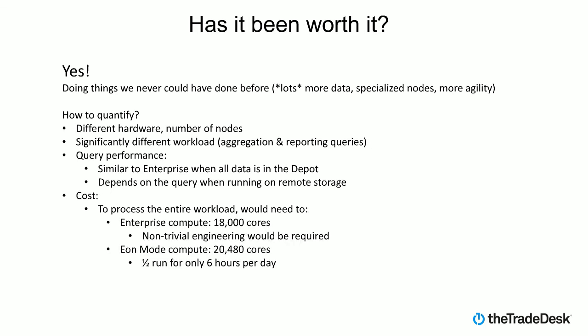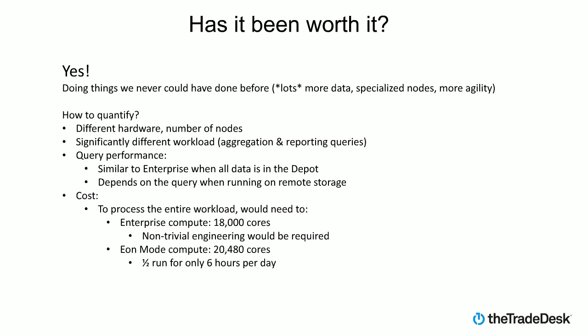In terms of cost, let's quantify it a little bit more here. What I tried to do is multiply it out: if I wanted to run the entire workload on enterprise and the entire workload on Eon, with all the data that we have today, all the queries, everything, to try to get it to be apples to apples.